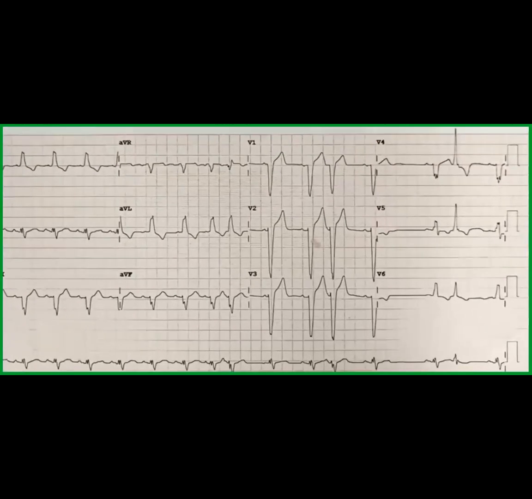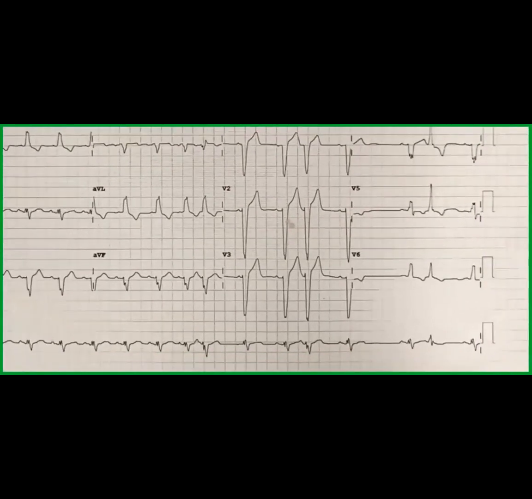Okay, so appropriate discordance basically refers to the fact that an abnormal depolarization should be followed by an abnormal repolarization. If the depolarization was abnormal, the repolarization will also be abnormal. This will appear as discordant to the preceding QRS complex. What do I mean when I say this?